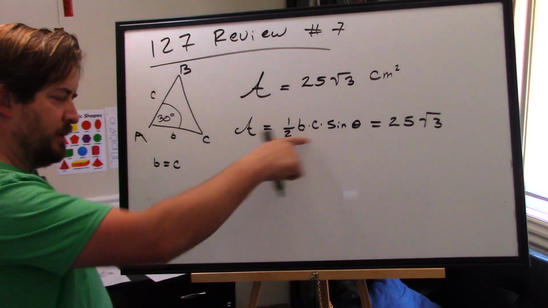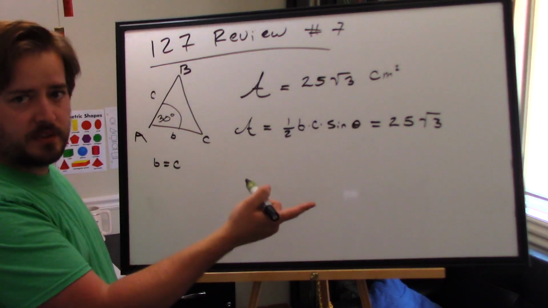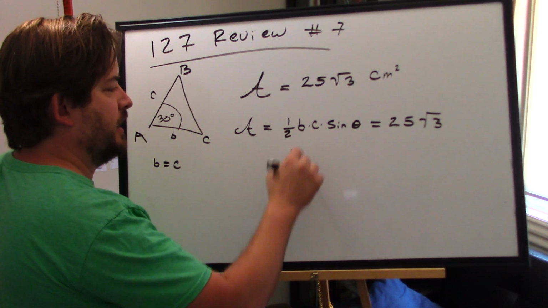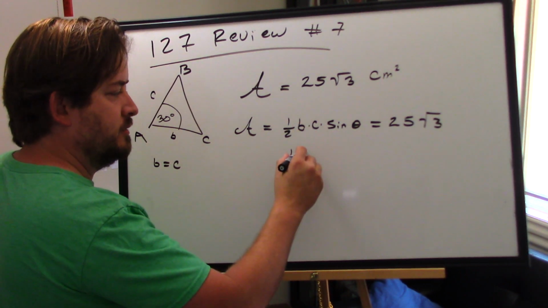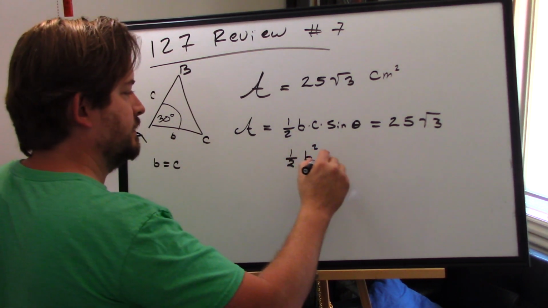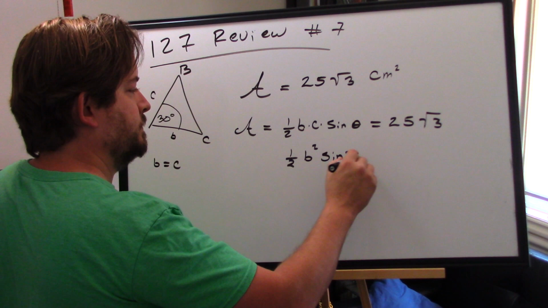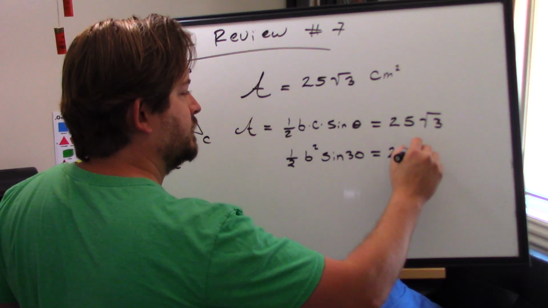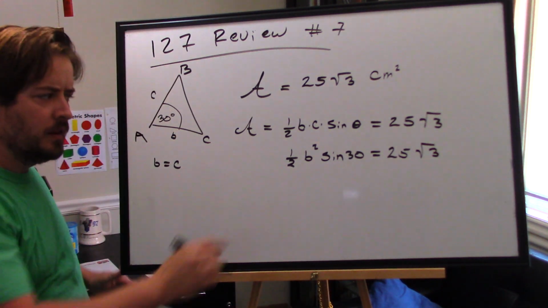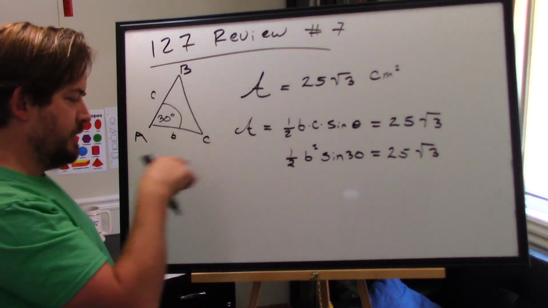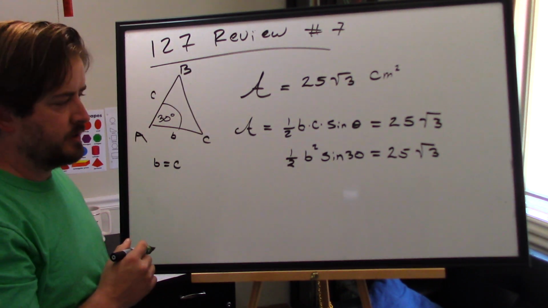I know that B is equal to C, so I can replace B with C, or replace C with B, it doesn't matter. I can write this as 1/2 B times B, which is B squared, times the sine of 30, is equal to 25 root 3. And I know everything in here except B now. Solve this for B, I've also solved it for C, and I've answered the question.